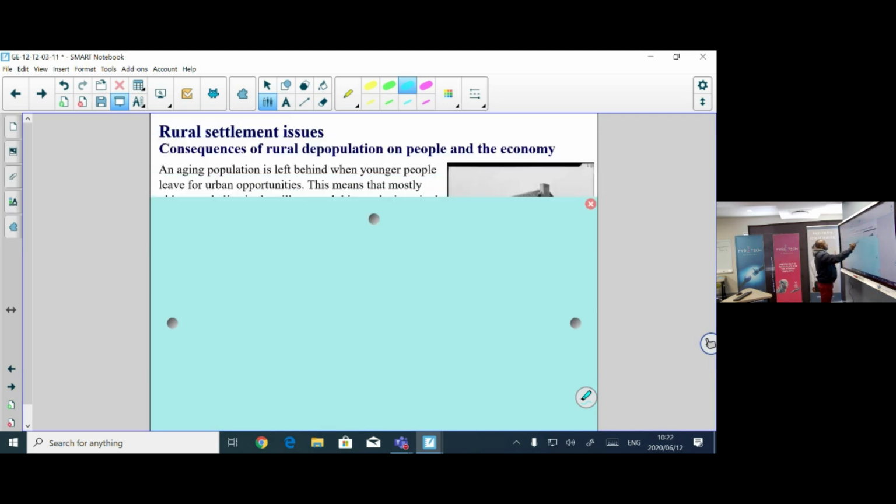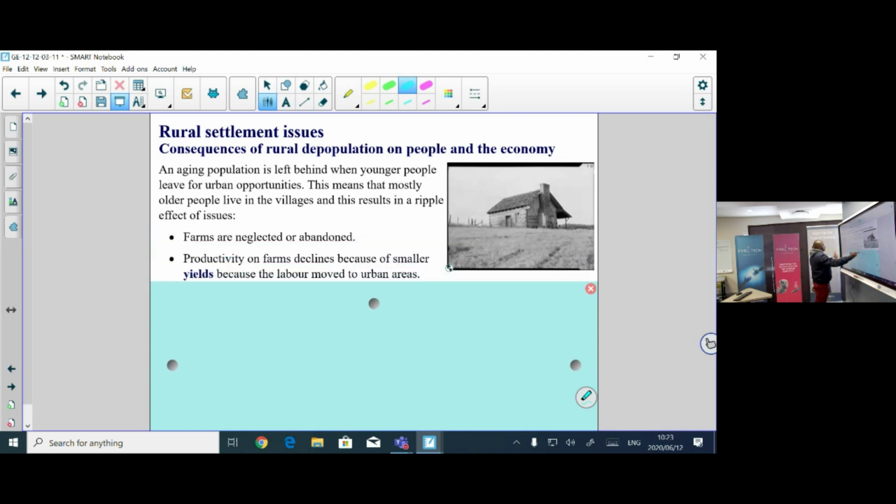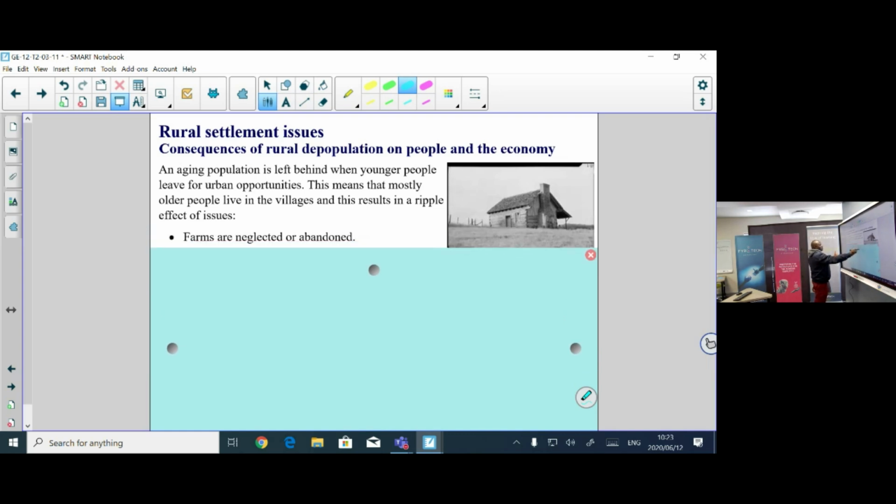Right, here we are. We want to go on to look further at the consequences of rural-urban migration. So an aging population is left behind when younger people leave for urban opportunities. This means that mostly older people live in the villages, and this results in a ripple effect of issues. Farms are neglected or abandoned.